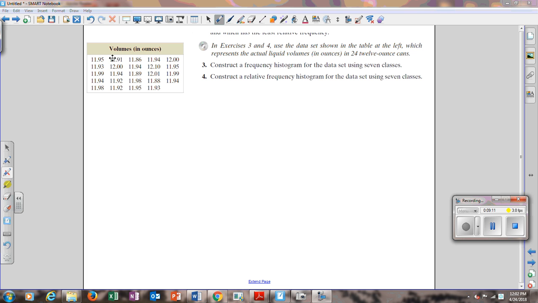So we have 0.93, 0.91, 0.86, so it looks like 11.86 is our lowest. Our highest, see 12.0, see 12.1 for the highest.